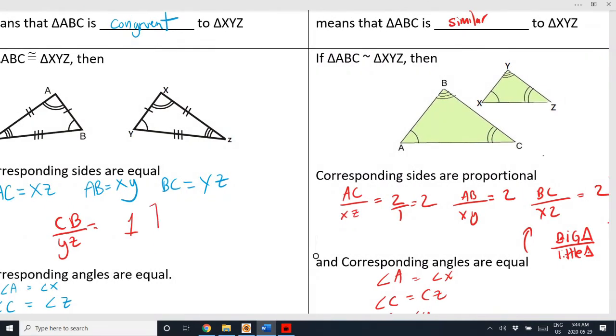Okay, so that'd be the scale factor here. So the scale factor for any congruent triangle is always 1.